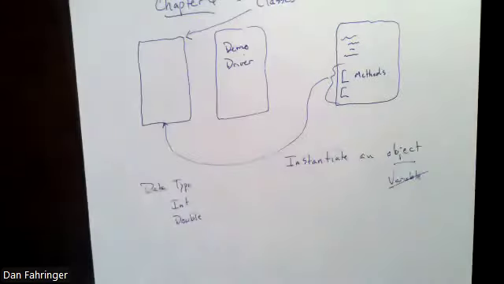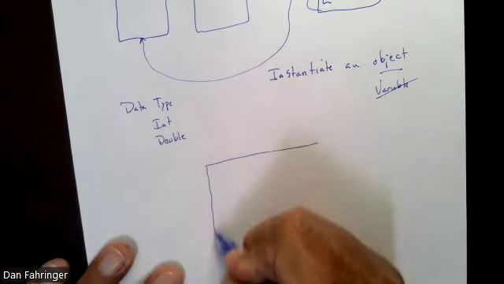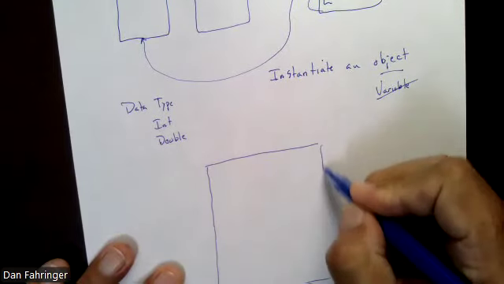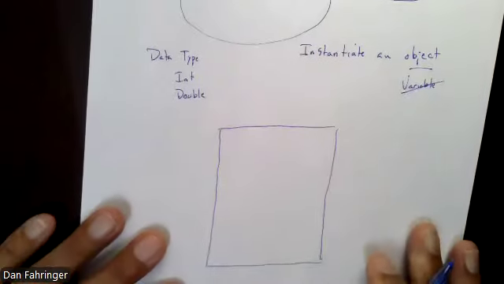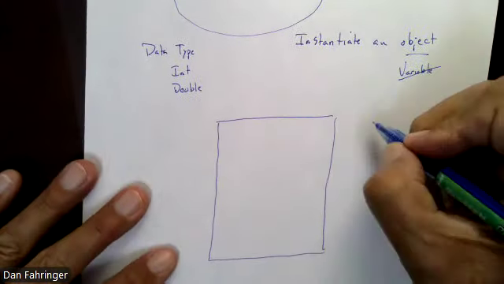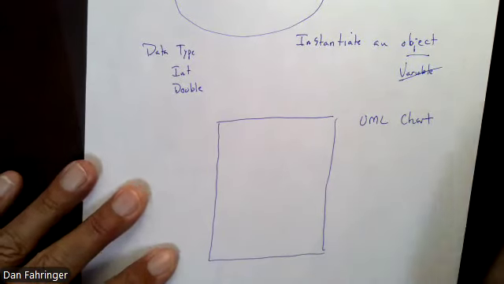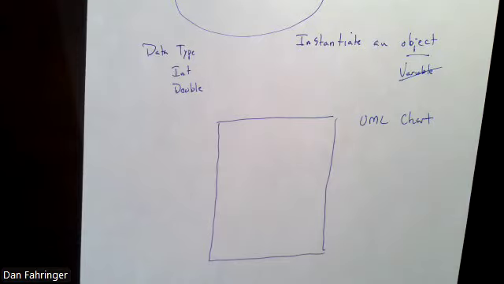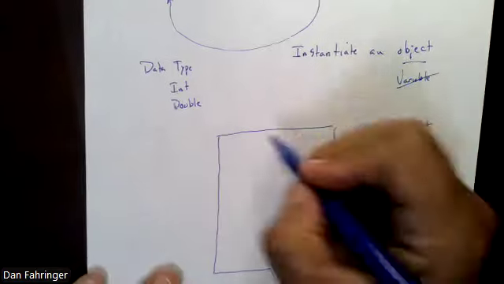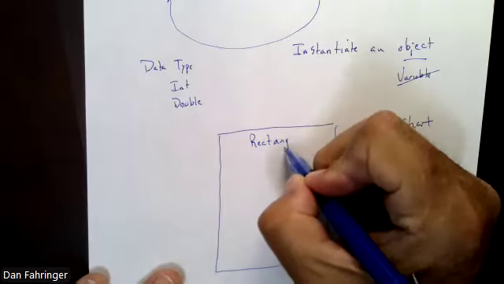So you should have gone through and you've seen this thing called a UML chart. This is a UML chart. And inside of this UML chart, the very first thing we have is whatever we want to call this. And the one that you looked at was called rectangle.